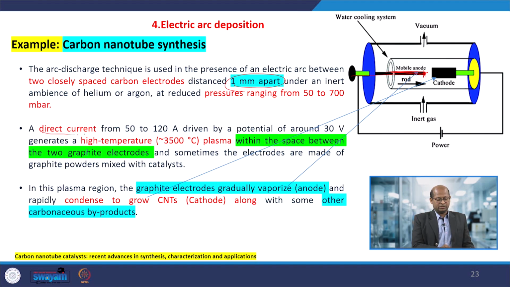So in this process, as I said, direct current or DC we can use, high current you have to use, low voltage you have to use. In this particular process, an extremely high plasma temperature of 3500 degrees centigrade will be developed within this small space between the two electrodes.